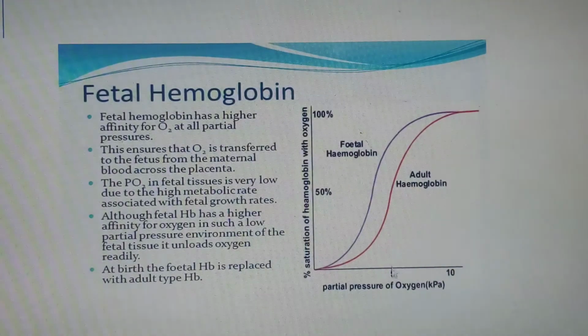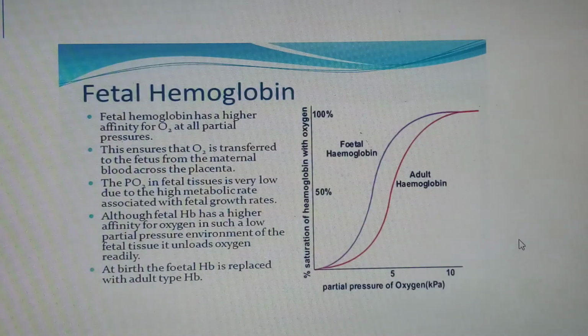But if I take it to that of the fetus, it goes up. So at any partial pressure of oxygen, fetal hemoglobin has a high affinity for oxygen than adult hemoglobin.